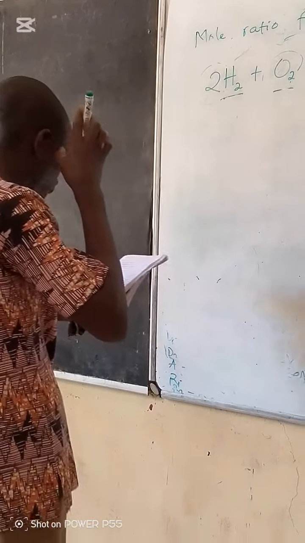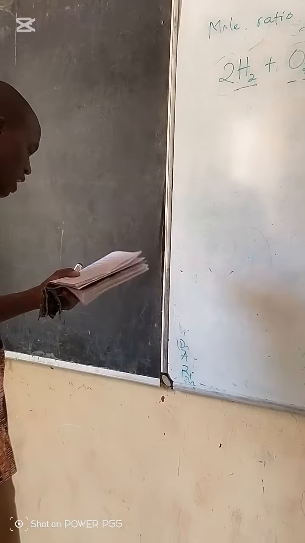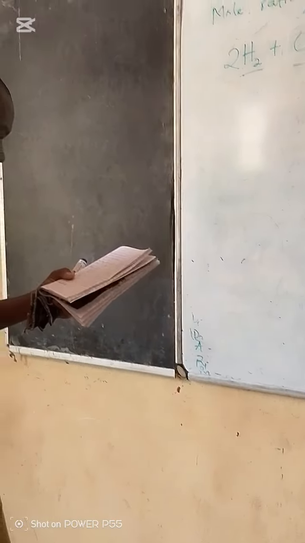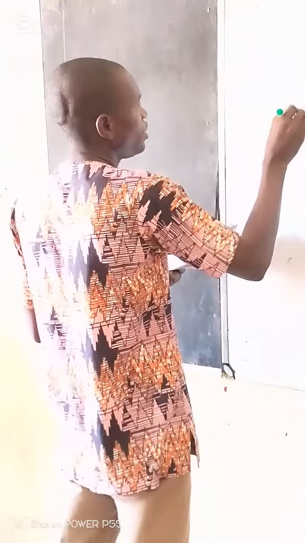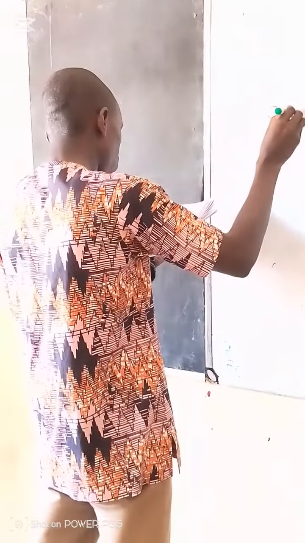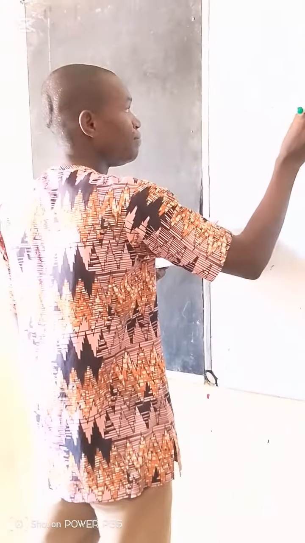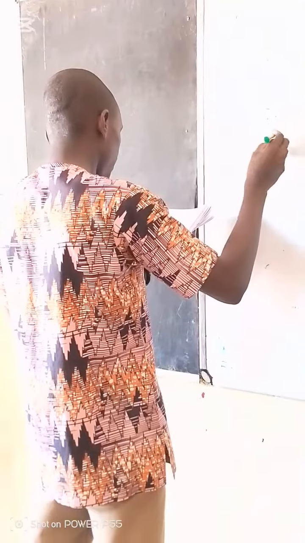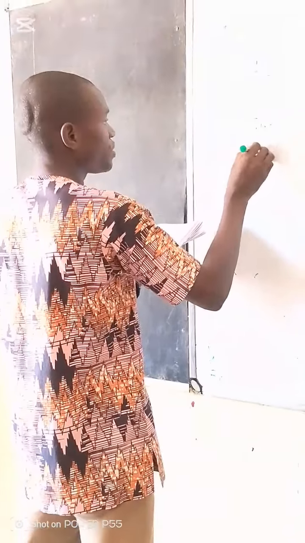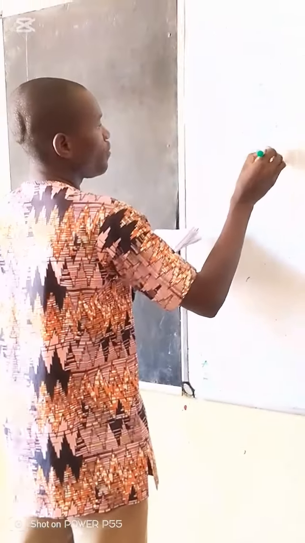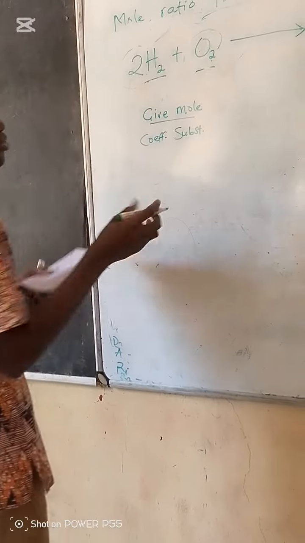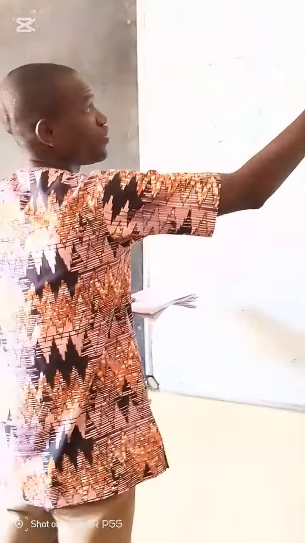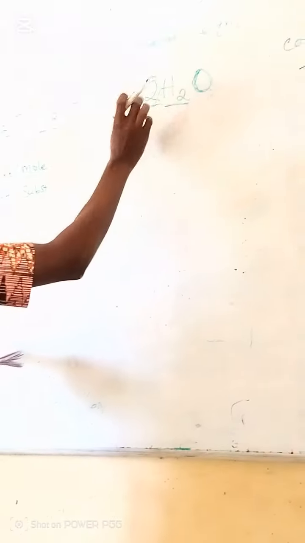Under this mole ratio from chemical equation, I have a formula, the last formula I will give. We are on the last part already. So this is given mole all over coefficient of the substance. I hope you know what coefficient means. Coefficient of water here is 2.